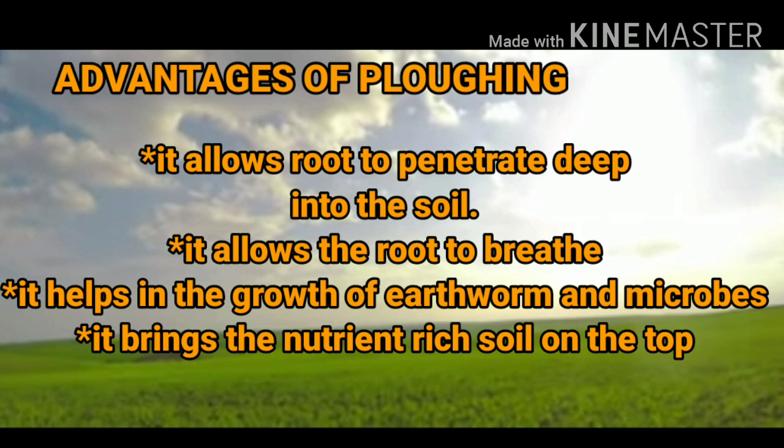As we know, earthworms are the farmers' friend, and earthworms also help in loosening the soil. How? When they move into the soil, they turn the soil. Their excreta is actually the humus for the plant, for the soil. So they enrich the soil with nutrients, and it also helps in the growth of microbes.